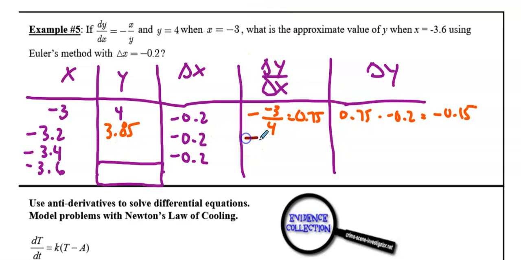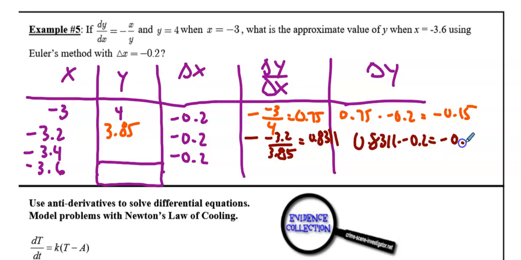We just have to remember that we now have a new x, so it's going to be negative 3.2 all over our new y, and that's going to give us a decimal answer of 0.8311. We multiply that number by negative 0.2 and we get negative 0.166.